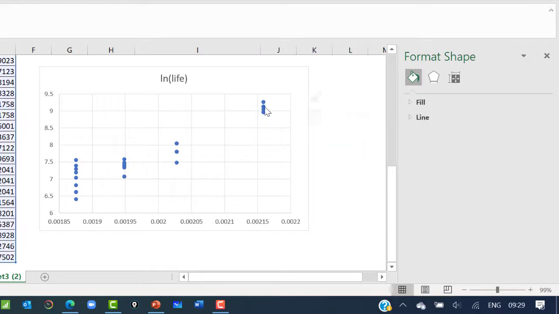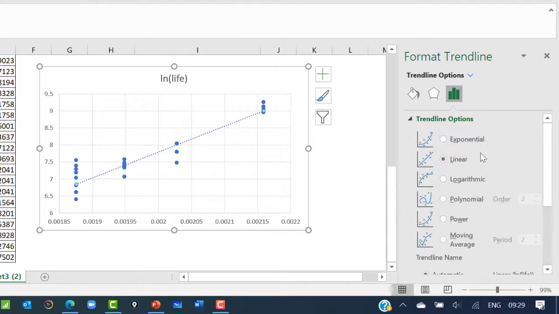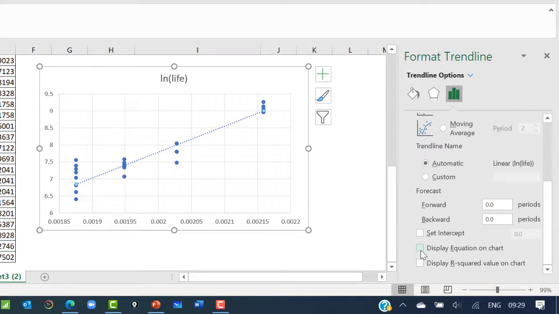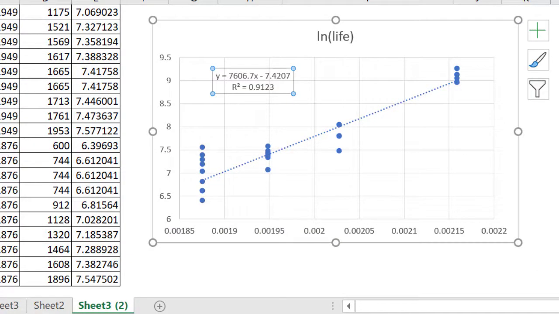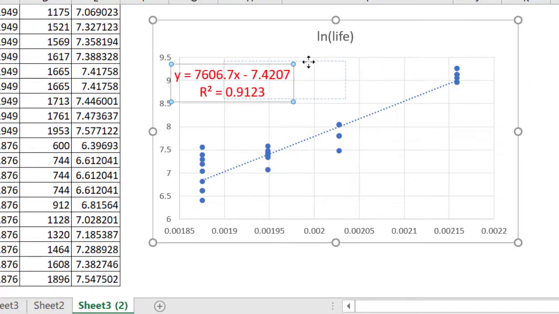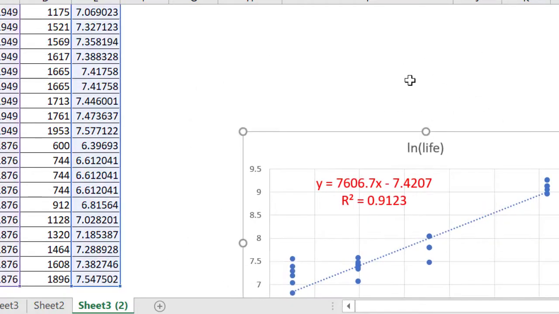And now I can just right click here and add a trend line, but this time we can choose the linear. Of course, we have to choose the display equation and display r squared value, and you can observe that we again get the same value of the slope, 7606.7. It is the same value that we got earlier.